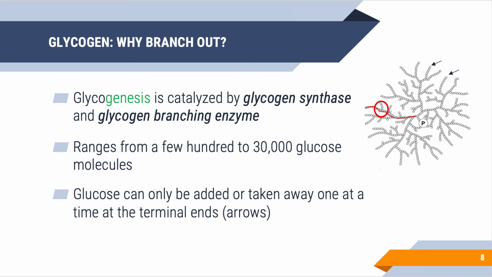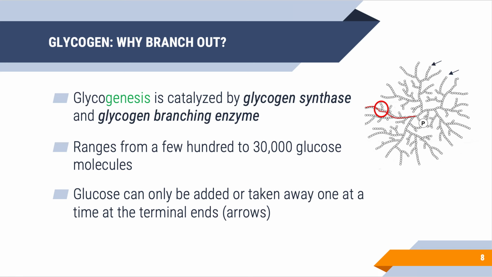So glycogen is in this branched shape, and the reason that we get this is through, one, glycogenesis, so that building of glycogen is catalyzed by the enzyme glycogen synthase and something called glycogen branching enzyme. We're going to learn that basically this branching shape is beneficial for glycogen's use and storage.